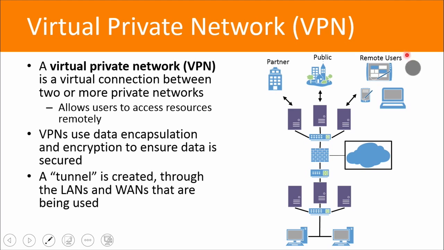And maybe you're over in Shanghai and you want to go ahead and access this server that happens to be on your company's intranet. Well, you just go ahead and create a tunnel that follows directly through until you get all the way to this router, right? And then access the server from there. Okay. VPNs use data encapsulation and encryption to ensure that the data is secure.